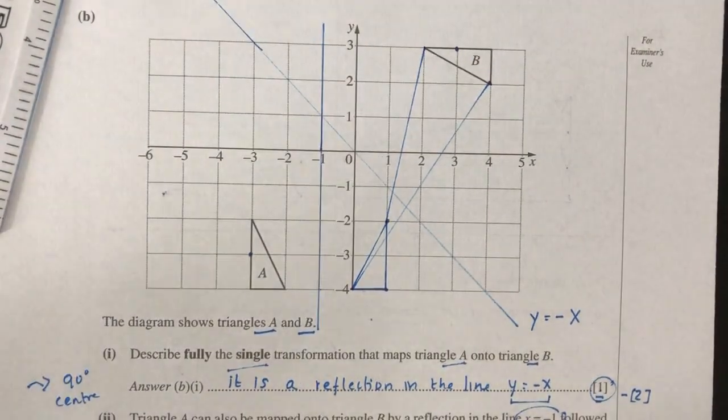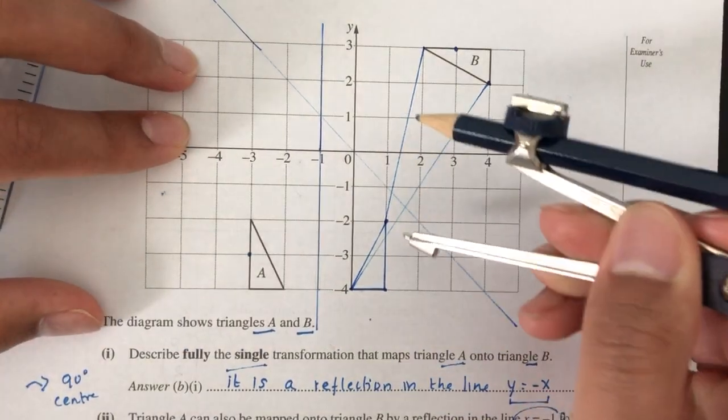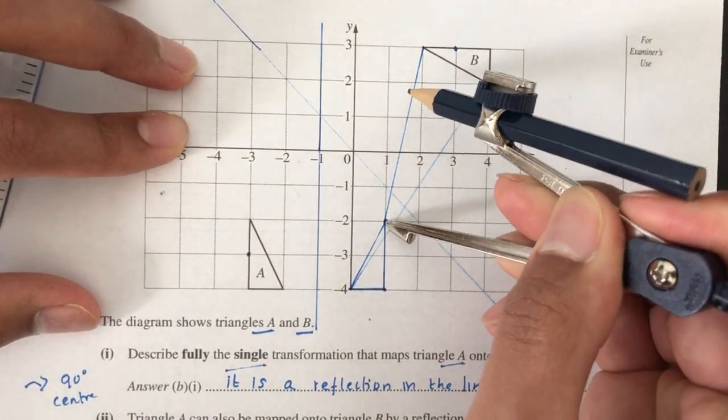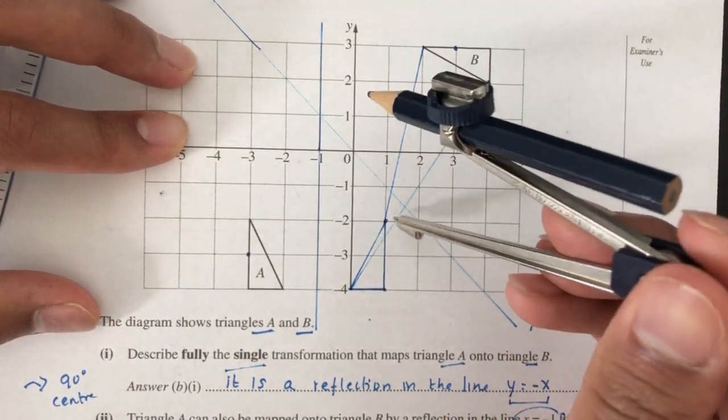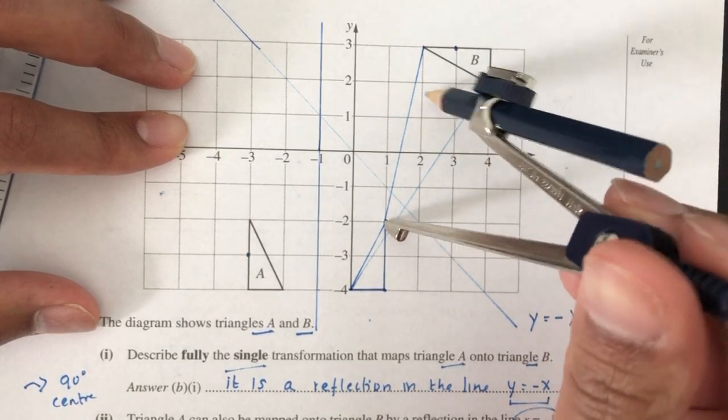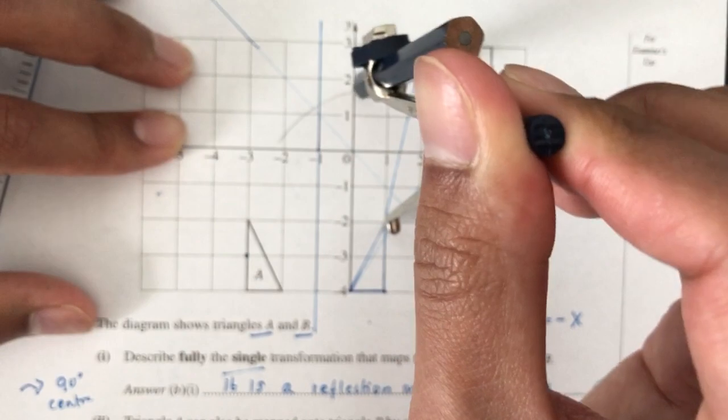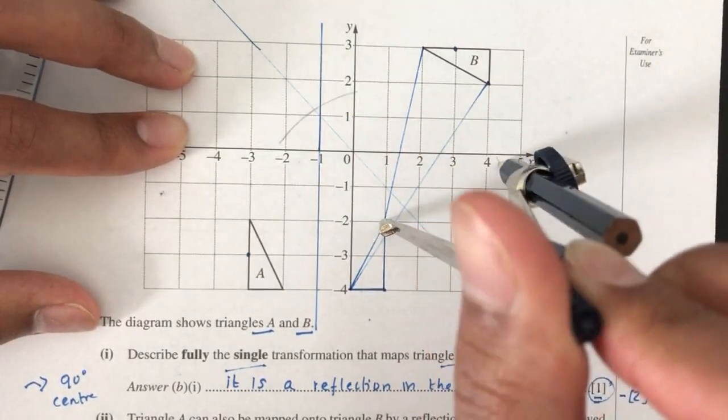So let's do that. In locus we have learned how to draw the bisector, so that should be pretty easy for you.